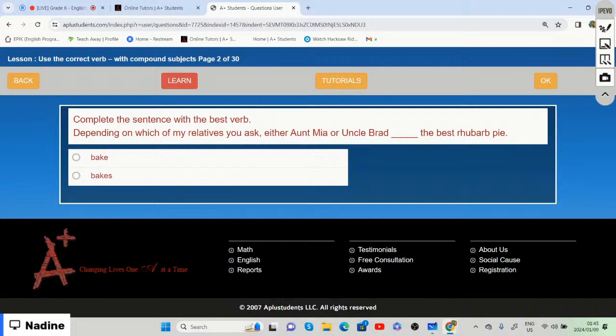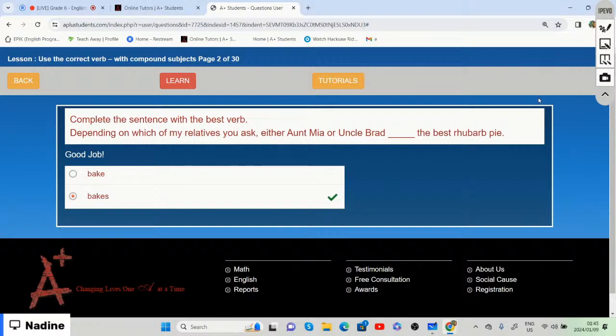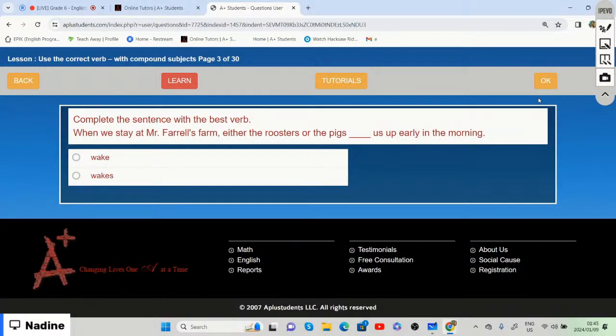Remember, it's not that they said Auntie Mia and Uncle Brad. It's either Auntie Mia on her own or Uncle Brad on his own. So we say bakes the best rhubarb pie. So bakes is our correct singular verb.